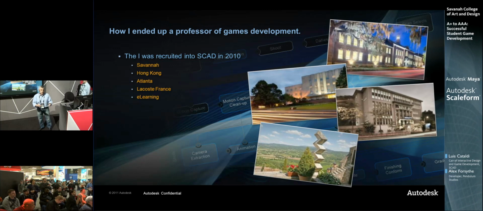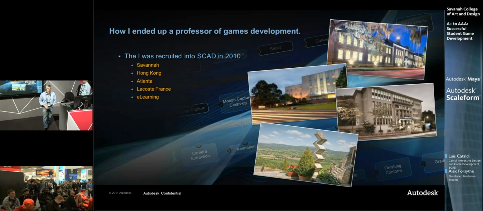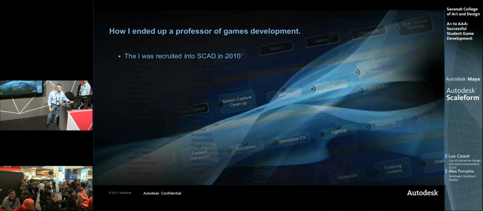And now I want to talk a little bit about that program and the opportunities that I've had there, with some of the great students that are actually here today. SCAD has campuses in Savannah, Hong Kong, Atlanta, Lacoste, France, as well as a very robust e-learning program. And the game development program has about 450 students, and it focuses on a variety of different things.